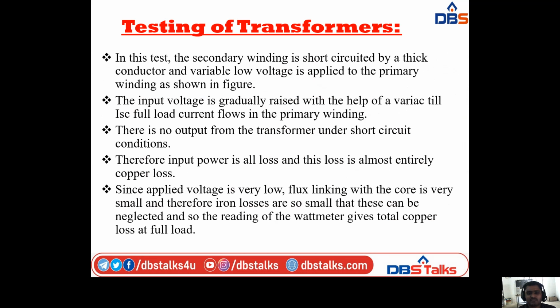Coming to the explanation of the diagram, in this test the secondary winding is short circuited by a thick conductor, and a variable low voltage is applied to the primary winding. This is shown in the diagram.